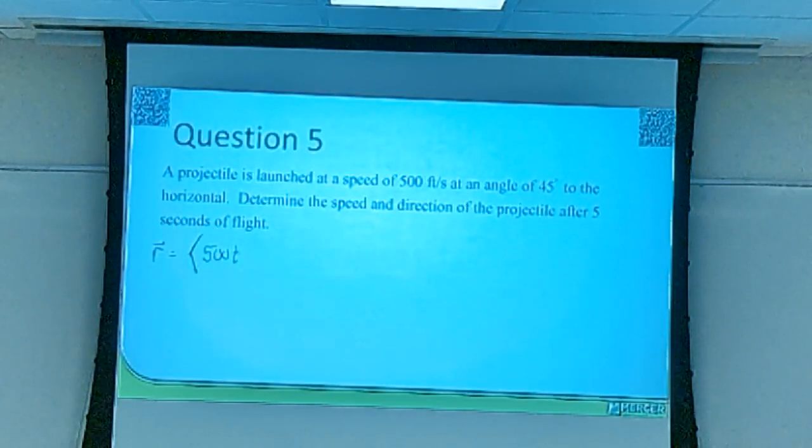Cosine of 45 degrees is root 2 over 2, right? Sine of 45 degrees is also root 2 over 2. That would be our model, right?